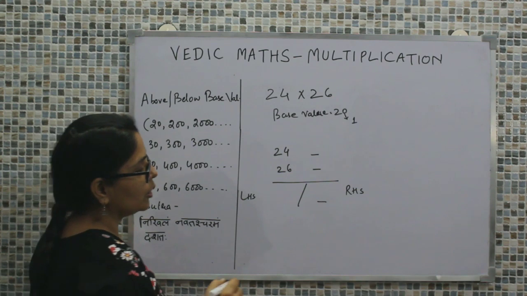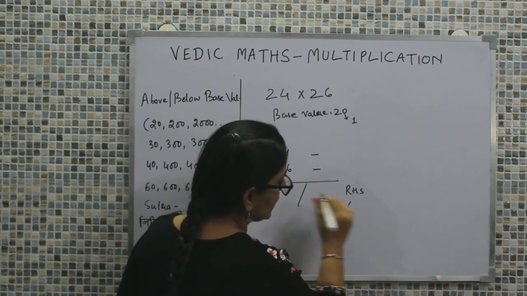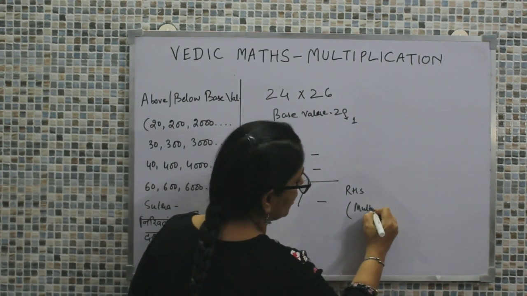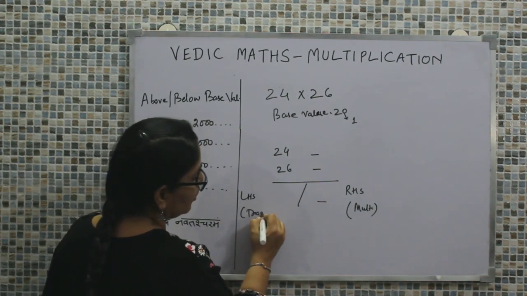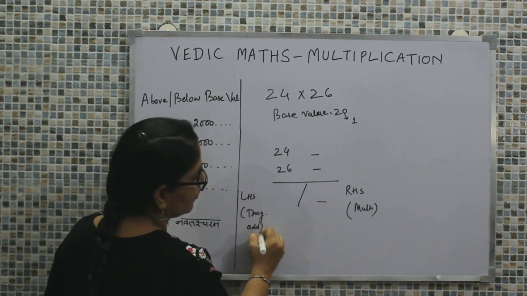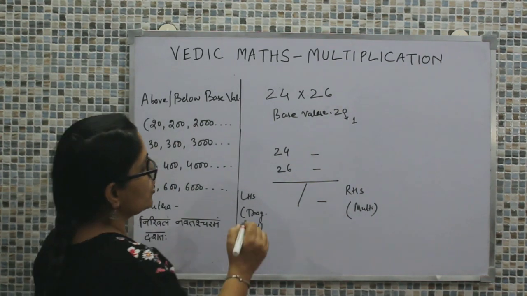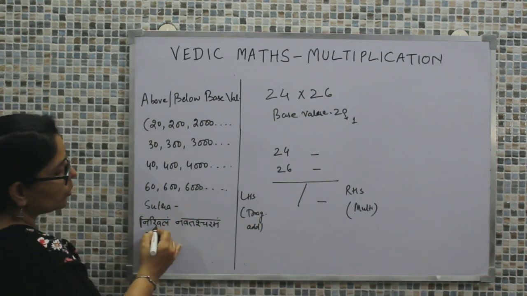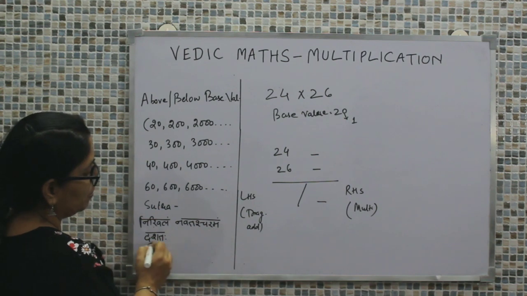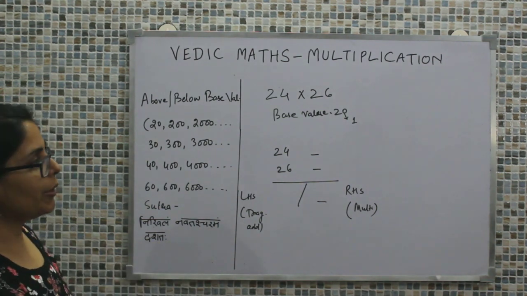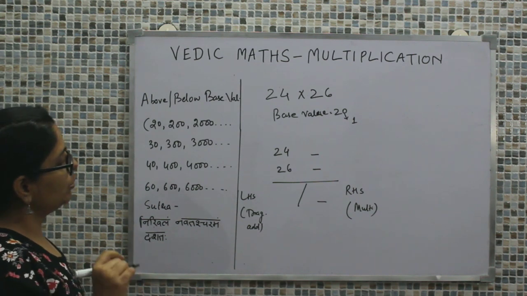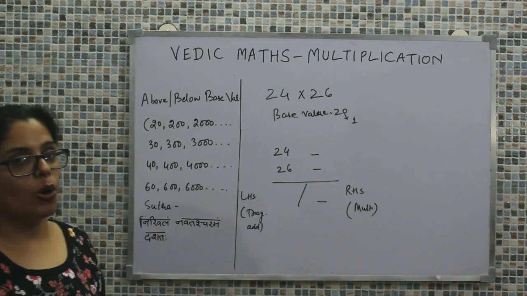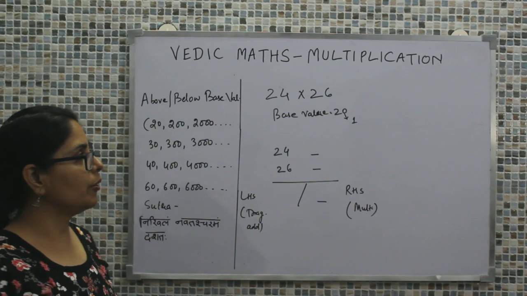As we have done in the previous discussion, the RHS talks about multiplication and the LHS talks about diagonal addition. Okay, so we would be using the sutra of Nikhilam Navatashcaramam Dashatah. Turning back, how we would be using this particular sutra: Nikhilam Navatashcaramam Dashatah means all from 9 and last from 10.